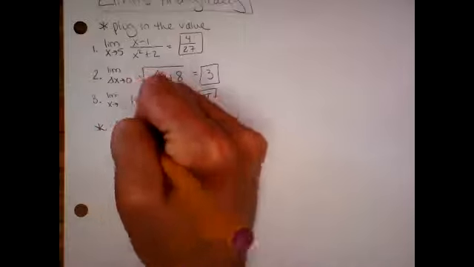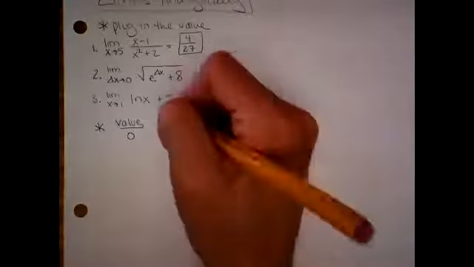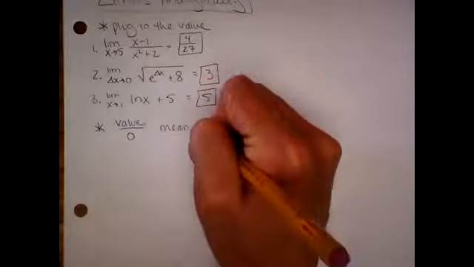All right, if you try and plug in the number and you end up with a value over 0, so if you get 7 over 0 or 12 over 0, that means that there is an asymptote.